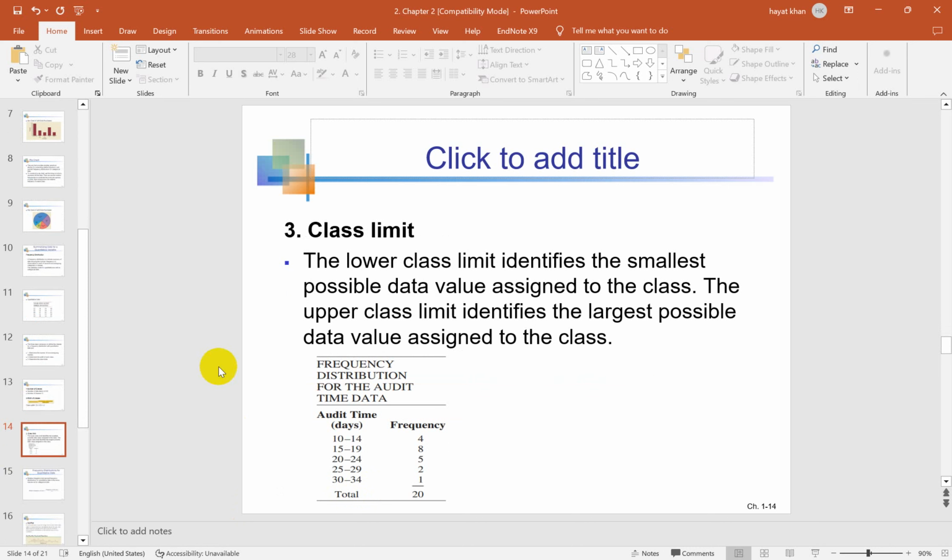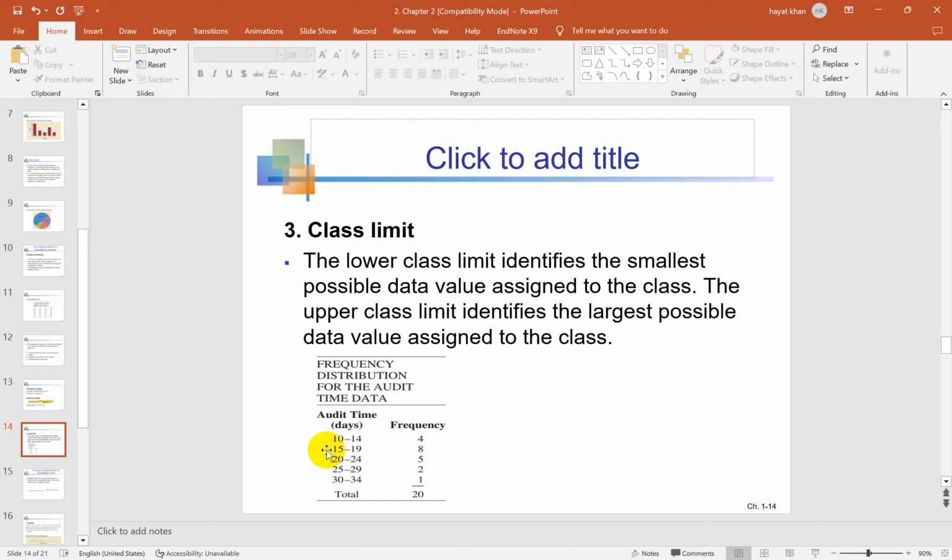The lower class limit identifies the smallest possible data value assigned to the class. The upper class limit identifies the largest possible data value assigned to the class. For the same data, we make the classes, for example, 10 to 14, and then 15 to 19. As we mentioned, non-overlapping classes.